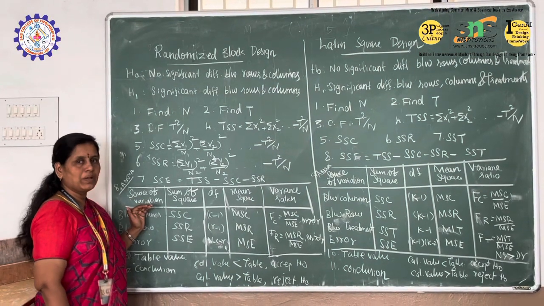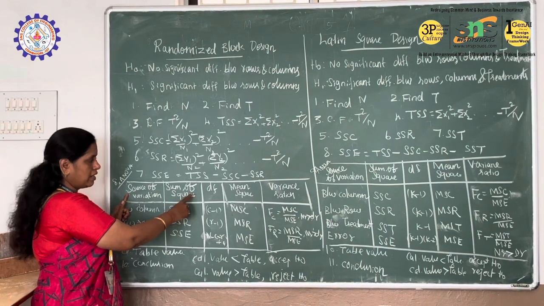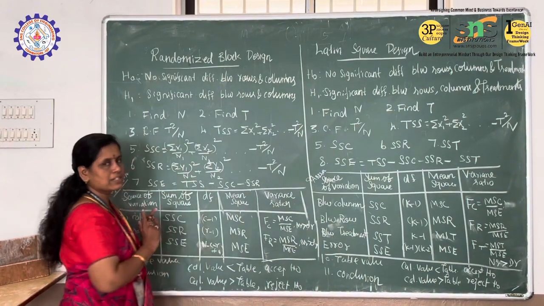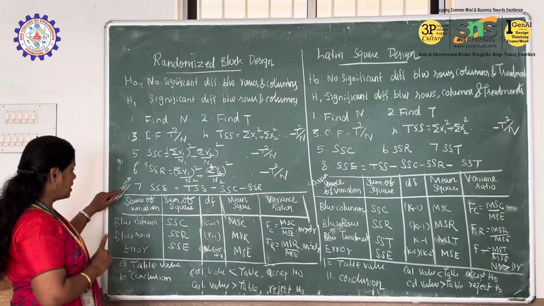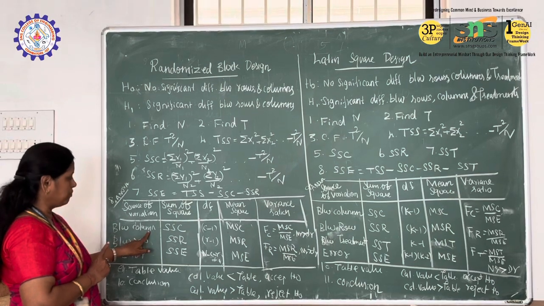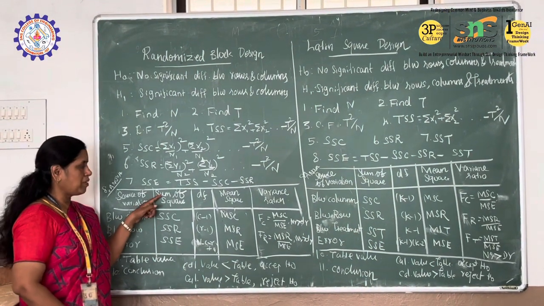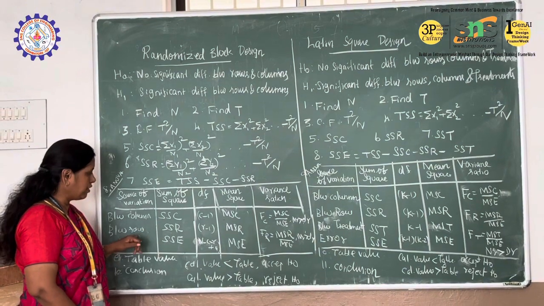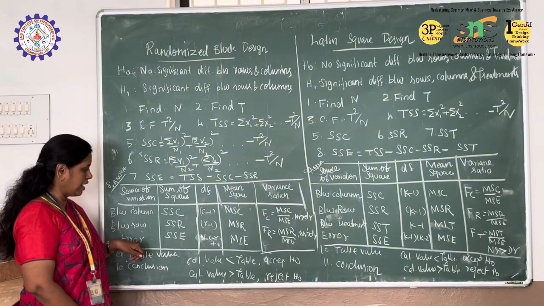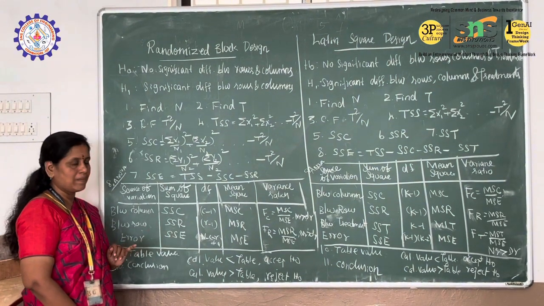In the ANOVA table, first we write the source of variation, after that the sum of squares, next the degrees of freedom, then the mean square value, after that the variation ratio. Here in the sources of variation we write between column, between row and error. In between column the sum of squares is SSC, between row it is SSR, and in error the sum of squares is SSE.